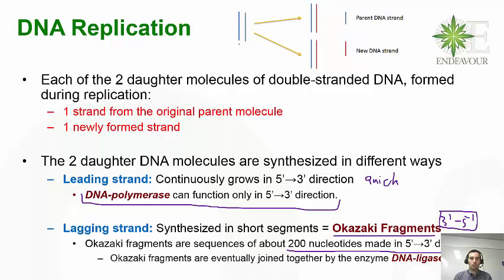The parent originally had 2 strands. We then separate those through unwinding the helix, and then we make our new strand through this DNA replication. So each new DNA molecule, or DNA helix, that we've created contains 1 new strand and 1 old strand. You can say it's 1 strand from the original parent and 1 newly created strand.